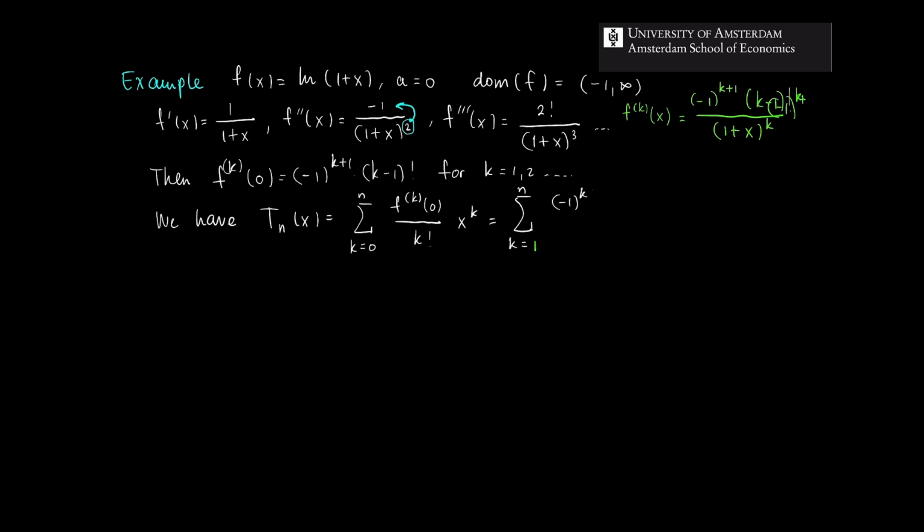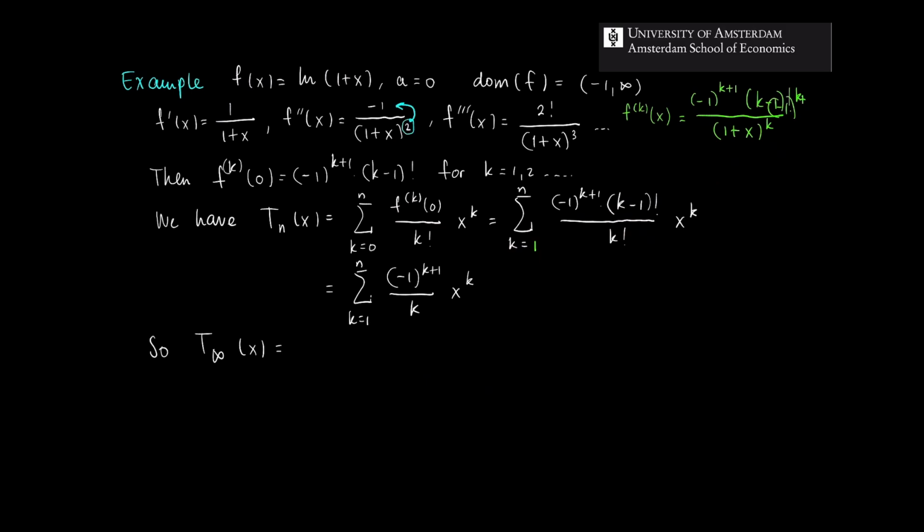So this makes minus 1 to the k plus 1 times k minus 1 factorial divided by k factorial times x to the power k. So we see that here there's something cancelling, right? So we only get k here, so this is just the sum of k equals 1 to n of minus 1 to the k plus 1 divided by k times x to the k.